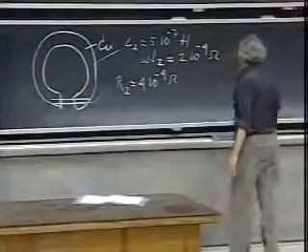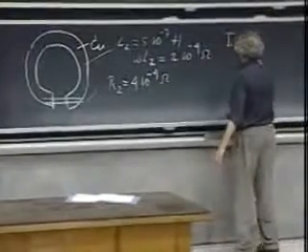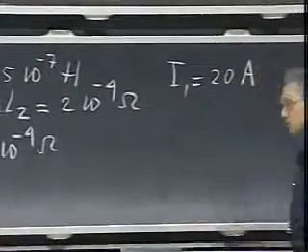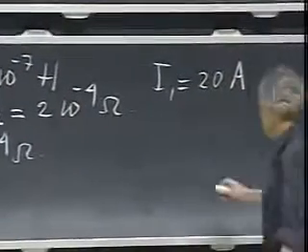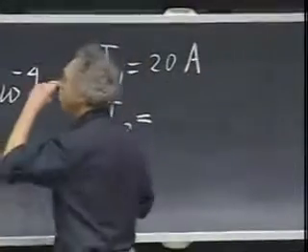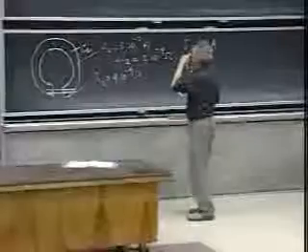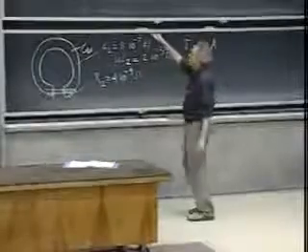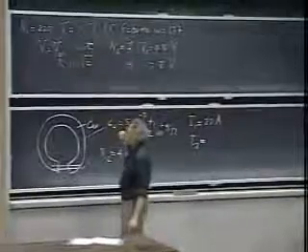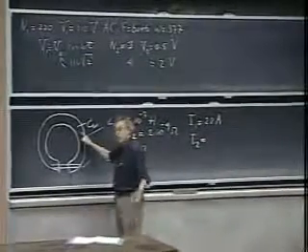My I1, the current that I drive in the primary, is going to be 20 amperes. I do not expect that I2 will be 220 times larger than I1, because I use the same 220 windings for the coil, and this is just one winding.